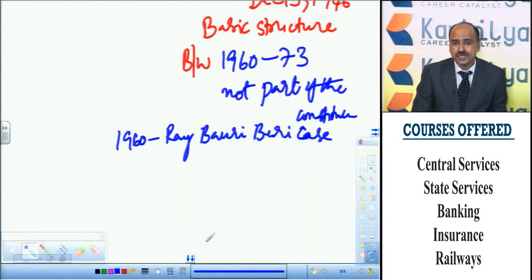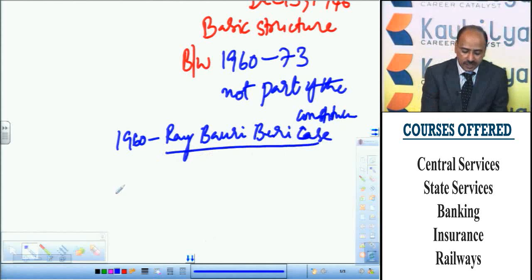If any article were explained about the preamble, it would come under the basic structure. That's why it is not part of the Constitution according to the Supreme Court judgment. Mahavir Tyagi filed this case, and at that time the Supreme Court judgment was given. From then onwards, the preamble was not part of the Constitution. But in 1973, again another person went to court on the preamble issue, that is the Keshavananda Bharati case.